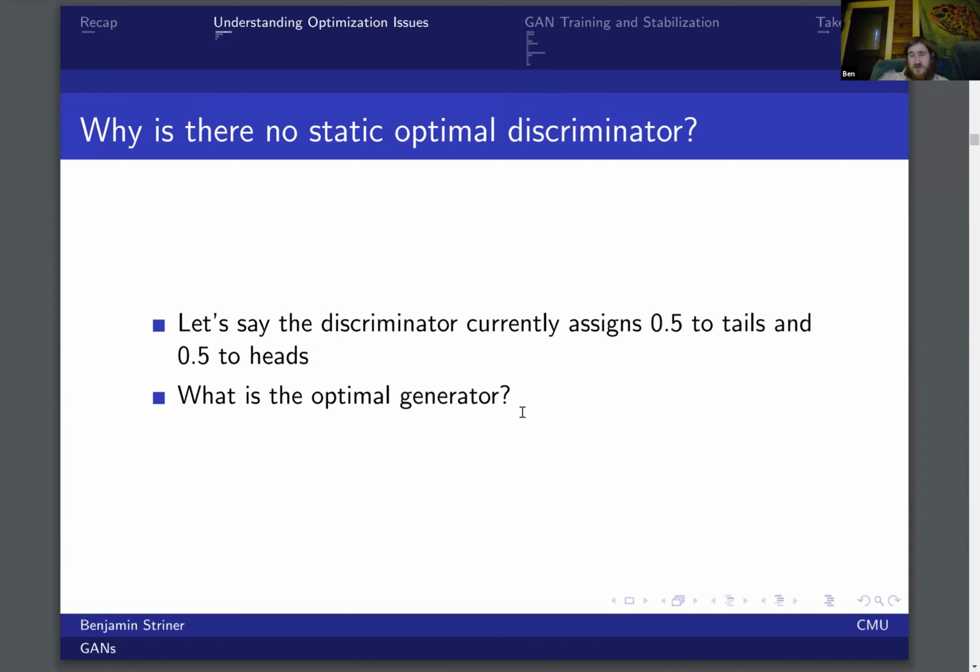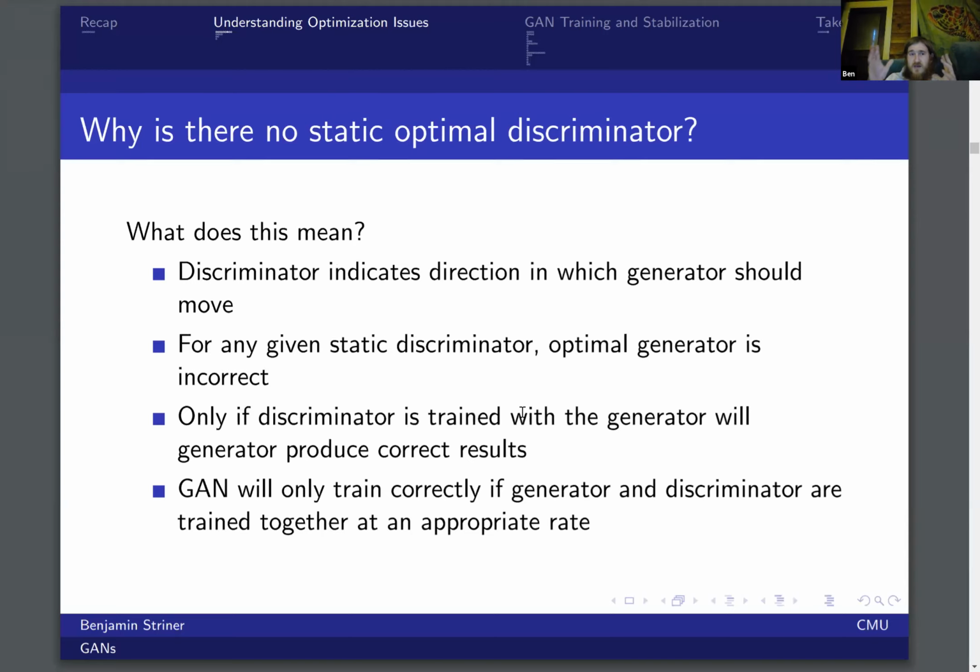And then let's say our discriminator gave a 50 for tails and a 50 for heads, then that would be the situation where there is no optimal discriminator, or they're all optimal discriminators, depending on which way you look at it. But if it's 50 heads and 50 tails, then any single thing the generator outputs is going to give you the same results, just like rock, paper, scissors.